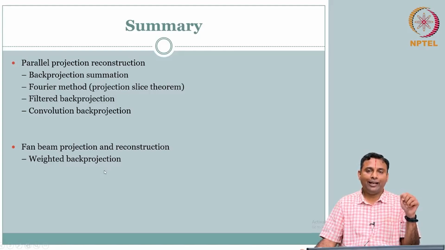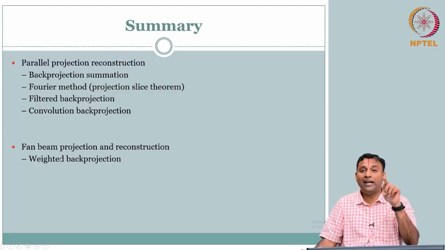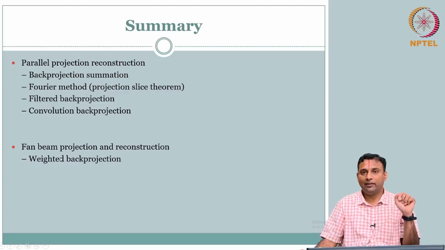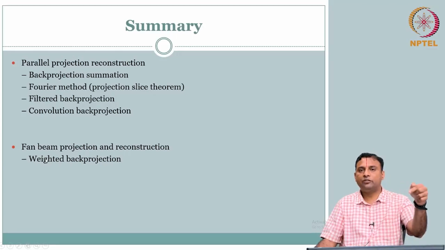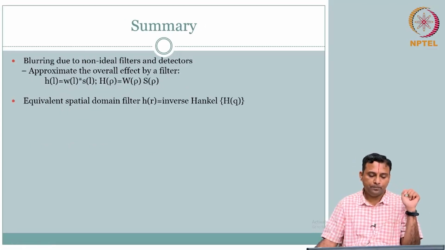The take home message was that it's very similar to what we had before. Only thing is, there was this 1 by d squared term, so that adds a weight. So you start to think of it as weighted back projection. Otherwise it's a back projection only. Same filtered back projection, but you have one more 1 by d squared term, which is your weight for the distance from your source to that point.